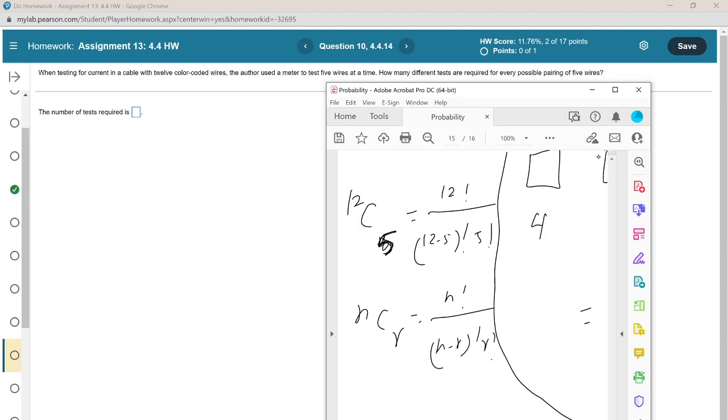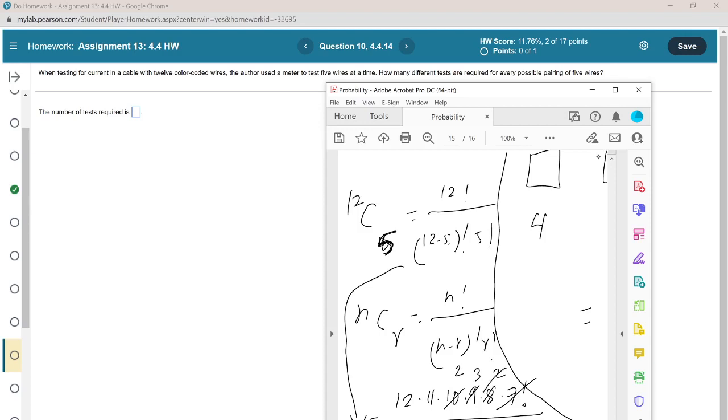In this case it's 12 minus 5. 12 factorial means 12 times 11 times 10 times 9 times 8 times 7 factorial, divided by 7 factorial, since 12 minus 5 is 7. 5 factorial means 5 times 4 times 3 times 2 times 1. You can cancel the 7 factorial and divide. 5 times 2 is 10, 4 times 2 is 8, 3 times 3 is 9, so these cancel out.